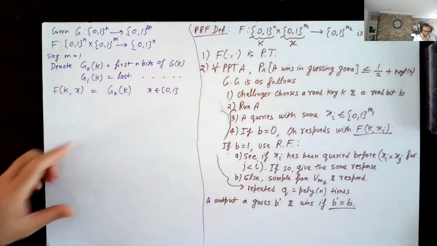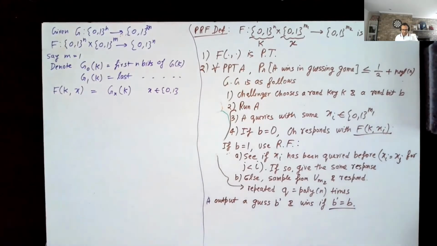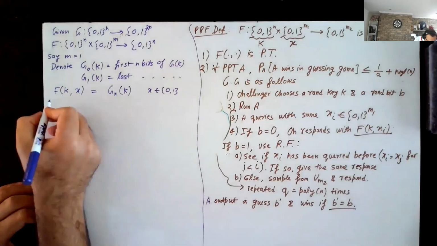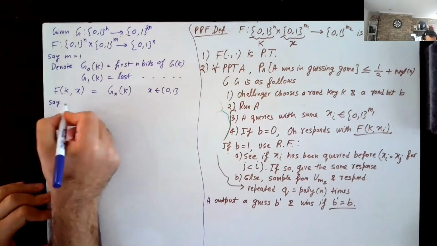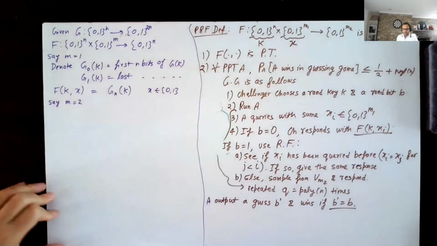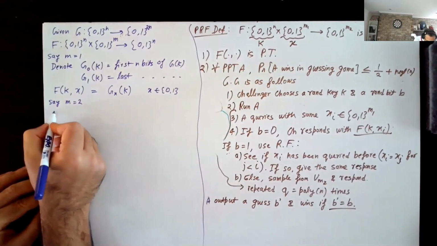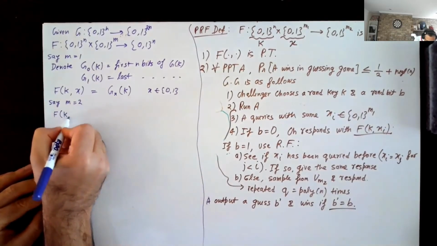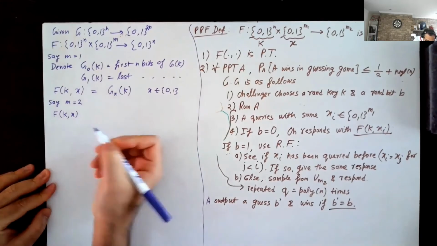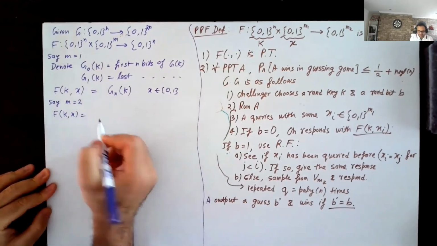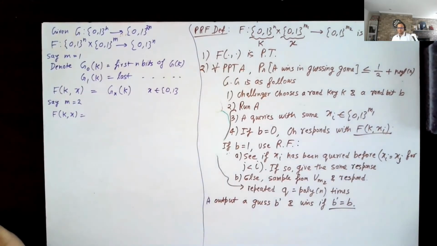Now let's try to go to 2 bits. What can we do here? Any ideas?